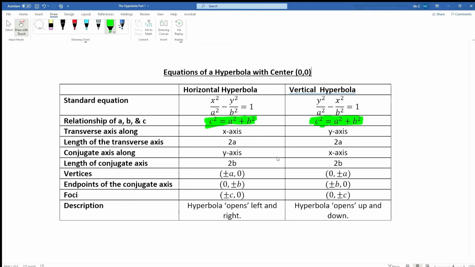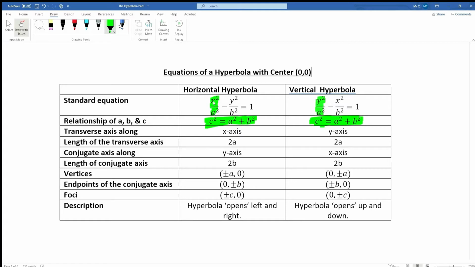And the other key difference I want to point out is that when it comes to hyperbolas, A is always paired with the positive term, and B is paired with the negative term. So whichever term is positive decides which your main axis is, your transverse axis.